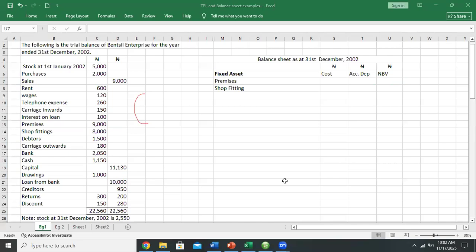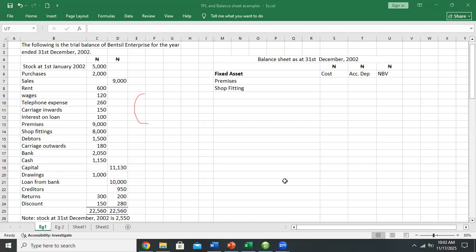If not, then I'll go to Augustine. Augustine, how much is our premises and how much is the shop fittings? Sir, please, our shop fitting is 8,000. Mm-hmm. And the premises? The premises is 9,000.